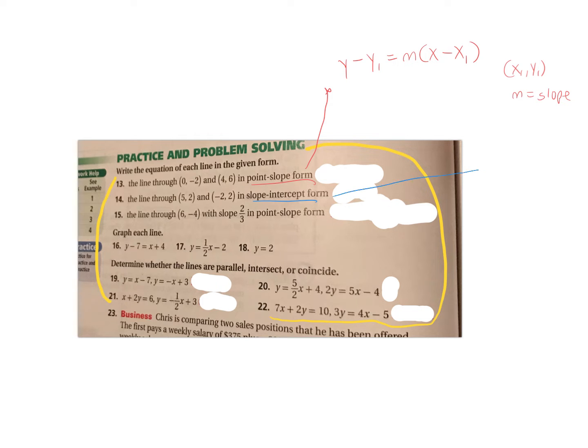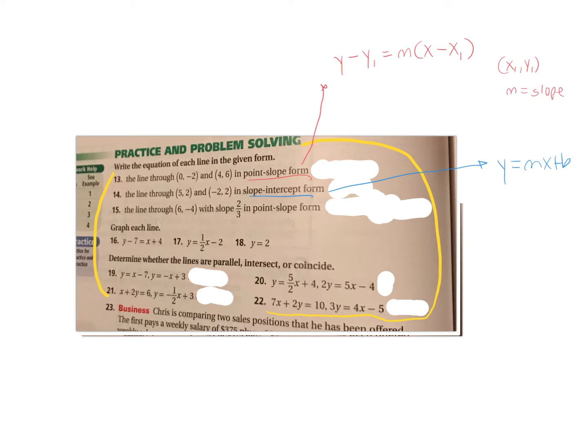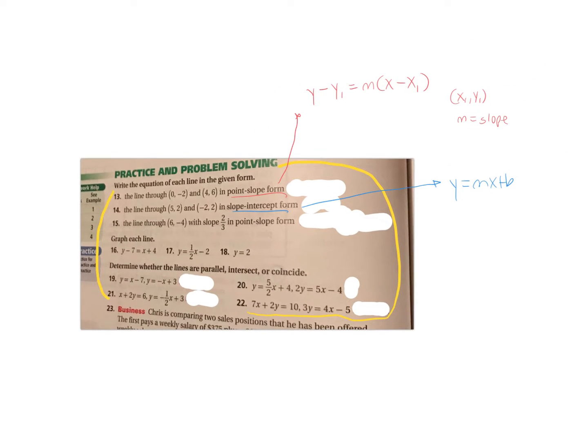Now, slope intercept form is y equals mx plus b, where of course m is the slope and b is the y-intercept. I'll just call it y-int. That's perfect when you know what the y-intercept is and what the slope is. In case my student needs a reminder, let's say we have a line that's cutting through like that.